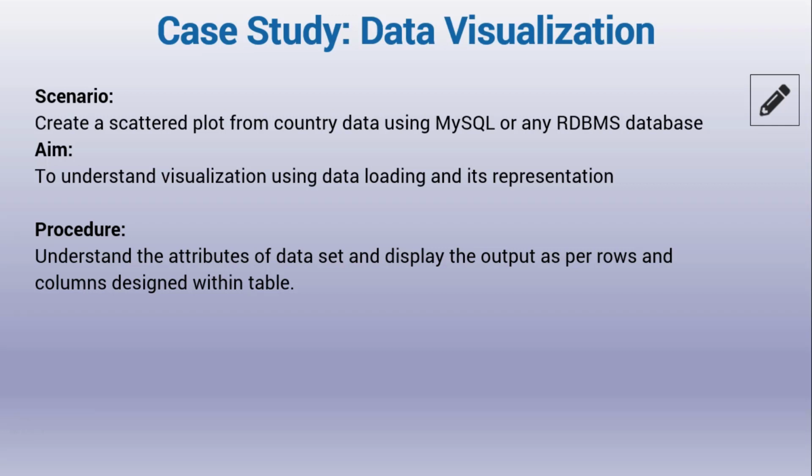The basic aim is to understand visualization by data loading and its representation. The only thumb rule or procedure here is that we need to understand the attributes of the data set and display the output as per the rows and columns designed for the particular table.